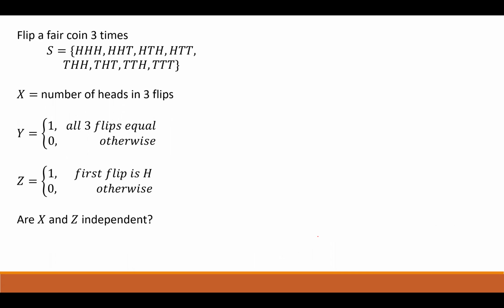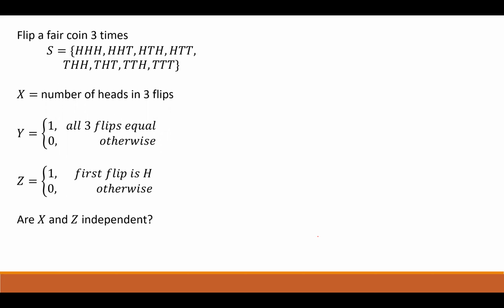Are x and z independent? Are they? Or what are 2 values that contradict each other? Are there values for x and z that both can't be true at the same time? That's true.